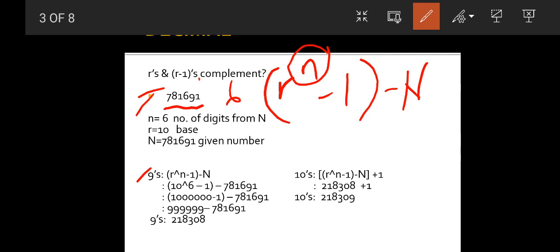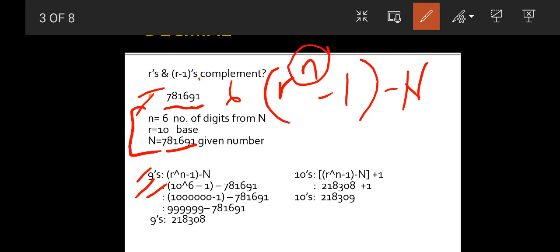After that, you have to substitute the given values. So your r is 10, which is raised to the power of 6, which is the small n, minus 1, minus your given number, 781691.